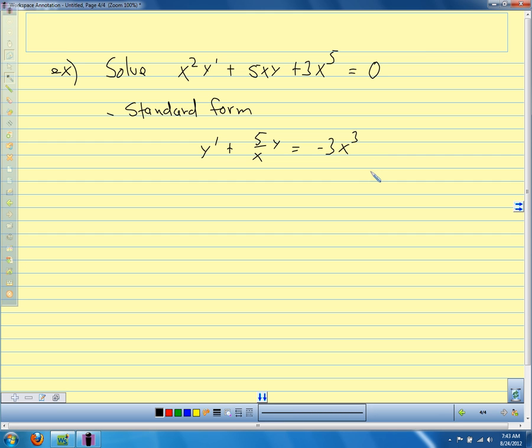So I just subtracted 3x to the fifth and divided by x squared. So from this, I have p of x is 5 over x. Q of x is minus 3x to the third. So we need to find our integrating factor.